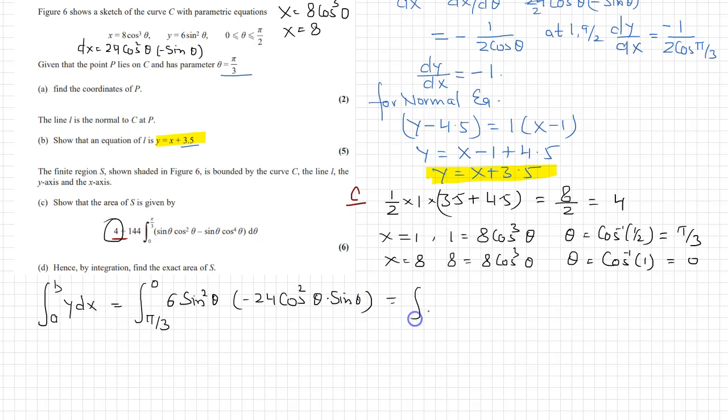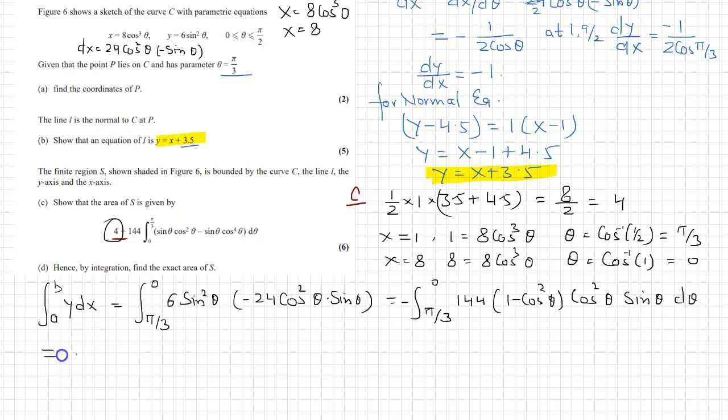So that is equal to integral pi over 3 to 0, negative, this 6 times 24 is 144. Sine square theta we convert into cos square theta. So 1 minus cos square theta, sine theta d theta.